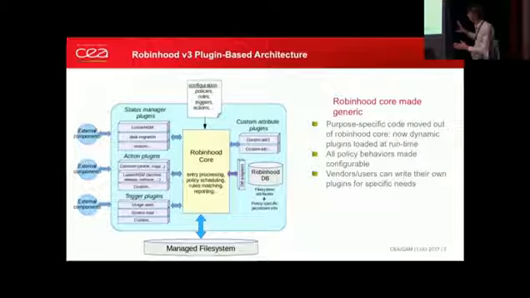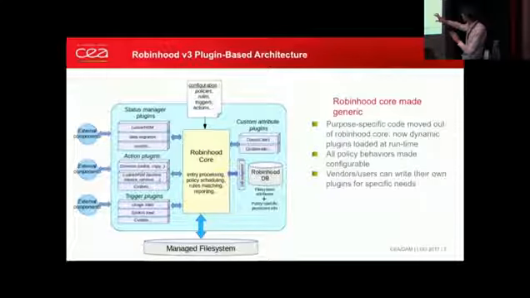This is Robinhood v3. So as you can see here, the core has been made very generic. It only consists in entry processing, core policy scheduling, but everything, all actions, all triggers, all, we call them status managers, the state machines that are associated to each entry in a managed file system, are now plugins.